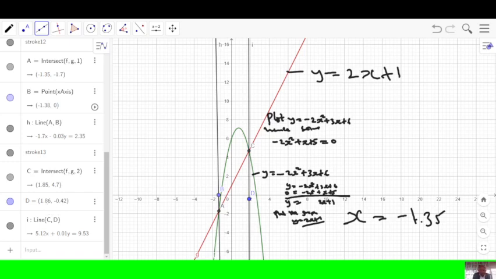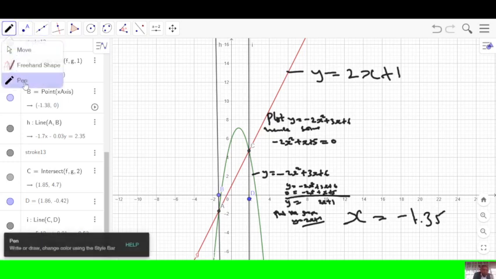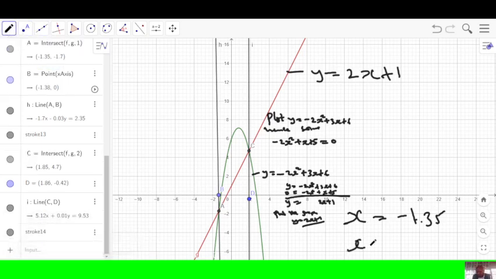So again, we are saying here that our value of x equals 1.86. So just get that, so that you get the value of x here and the value of x here.